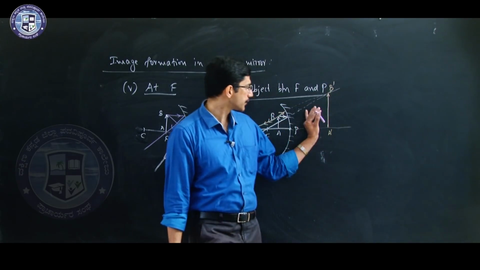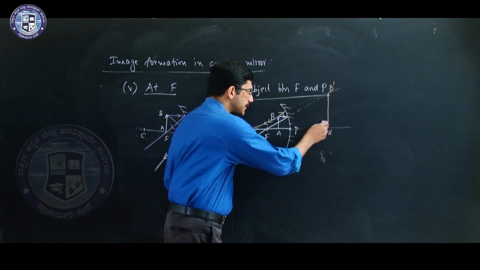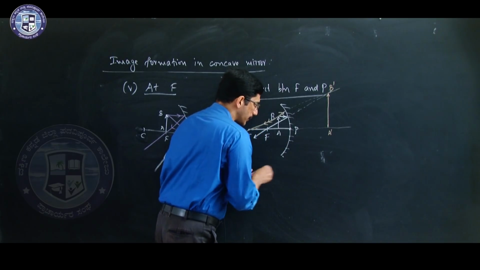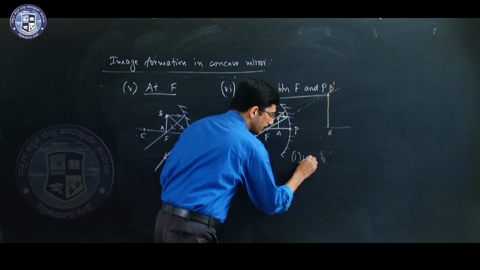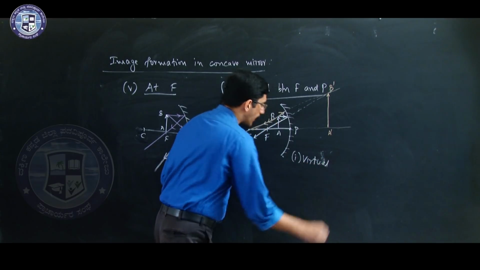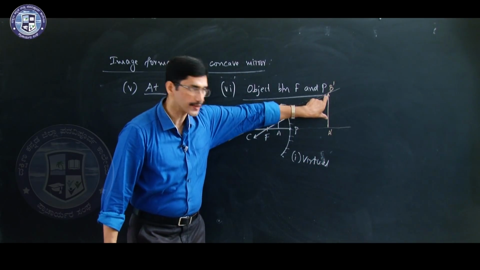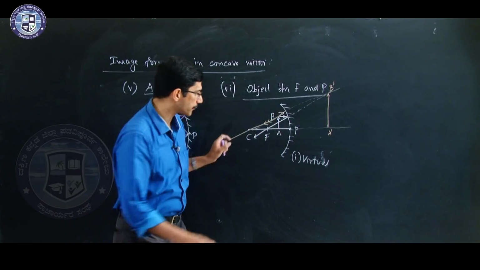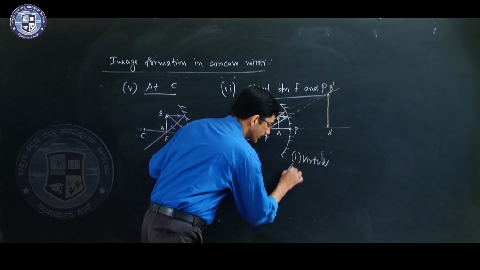Since they appear to meet, what about the nature of the image? The nature of the image is virtual. And what about the size of the image now? The size of the image is greater than the size of the object, therefore, it is enlarged.